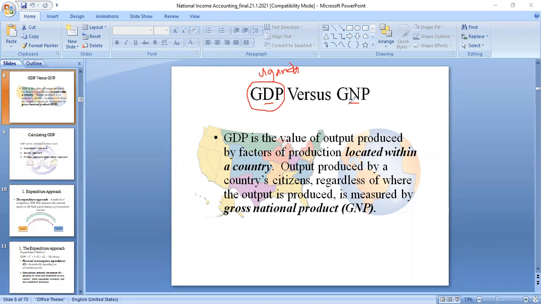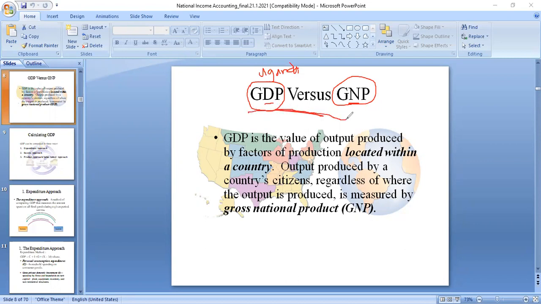Then the GNP considers national income. If it is Ugandans, it will consider national income for Ugandans within Uganda as a country and the Ugandans outside Uganda. So that is GNP. That is the difference, basically.